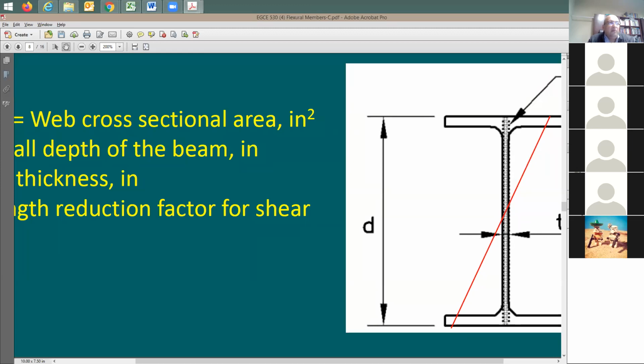And don't forget the moment is going to be equal to some force, let's say that the force distribution is like this, multiplied by the distance from the center to the top. So the distance that you're going to be measuring is going to be from here to any point. So you'd like to figure out the effect of this little segment of the beam web to the column when it comes to the moment.